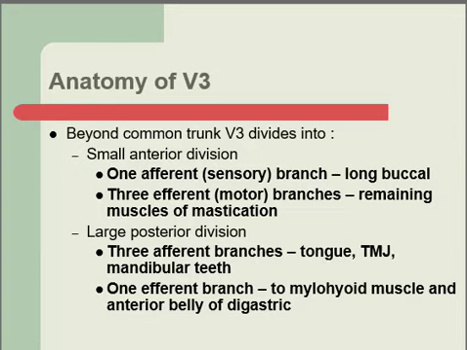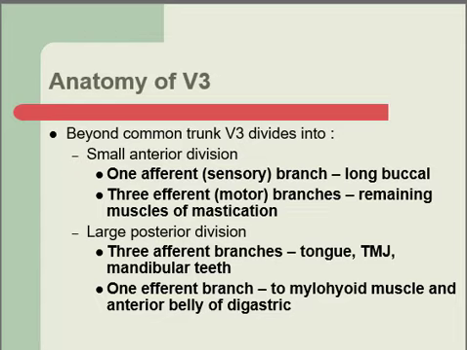So we saw that in the other motor branch that came off the common nerve trunk to the medial pterygoid muscle, right? Now this small anterior division innervates the other 3 motor branches, the remaining muscles of mastication: lateral pterygoid, temporalis, and masseter.